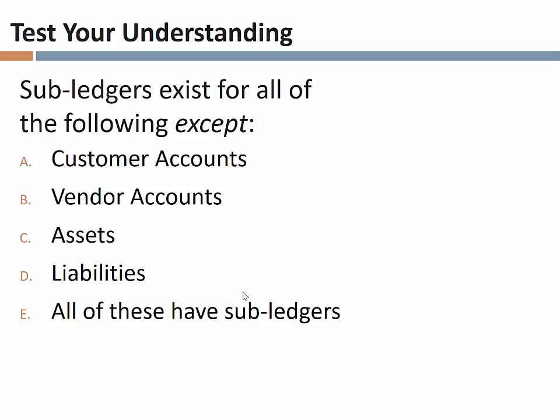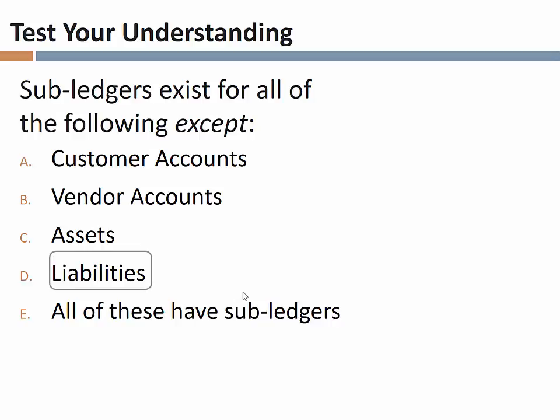Subledgers exist for all of the following except customer accounts, vendor accounts, assets, liabilities. All of these have subledgers. What's the right answer here? What's that? D. D is correct.